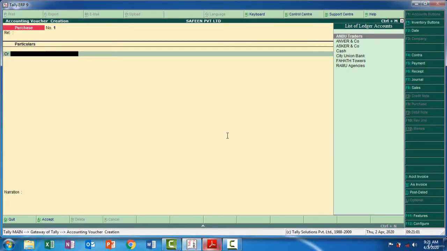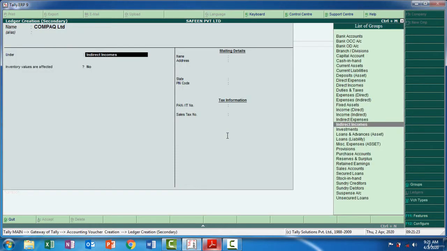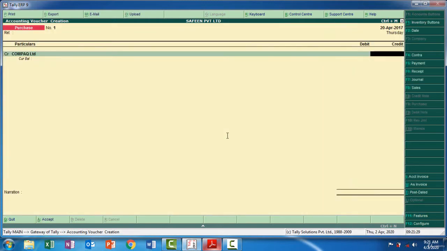Comeback Company. So I'm going to create the ledger Comeback Company, Comeback Limited. This is coming under the Sundry creditors. Amount is how much? 200,000.